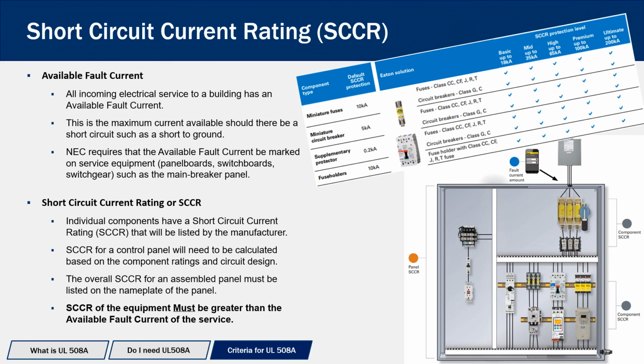So we'd have to go back and change some of those components in the panel to be able to get that SCCR rating up to over 18. 20, 25, 35, 100. Once we get that panel to, say, 25 kA, now we can install that in an 18 kA service, or a service with an 18 kA available fault current. So that is SCCR in a nutshell.